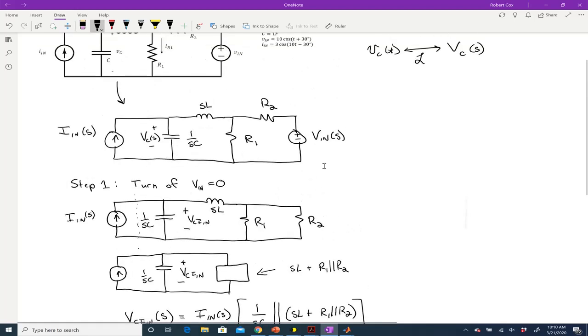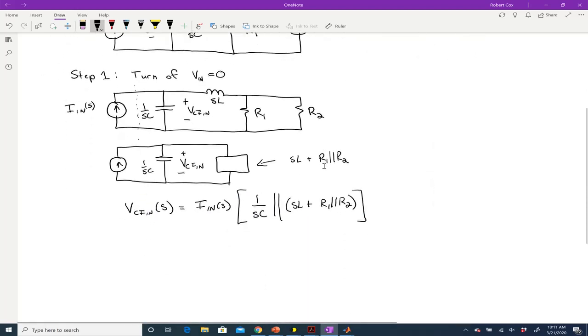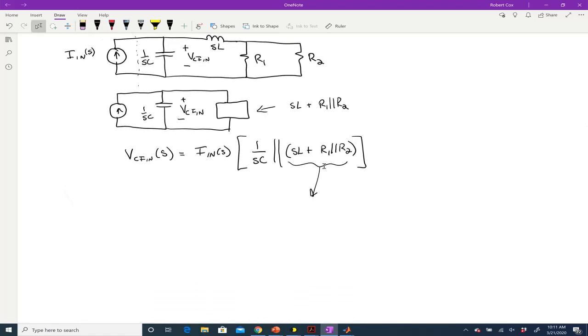At the beginning of the problem I did give numbers for these things, but I'm not going to use those right now. I want to simplify this expression in multiple steps. First, take this term, R1 in parallel with R2.